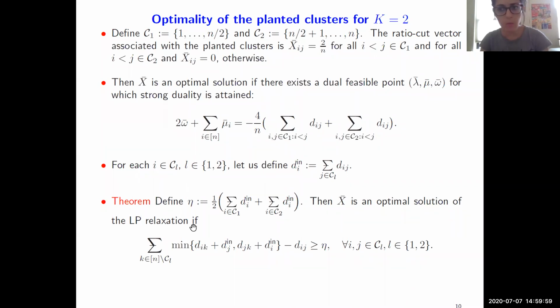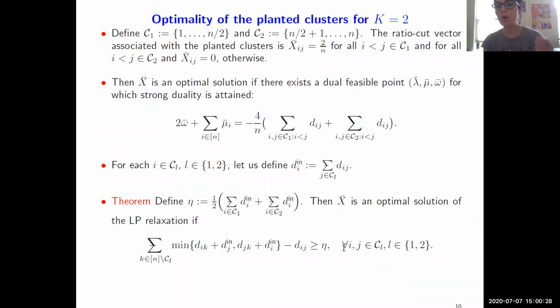So basically here we have the recovery guarantee. Again, I don't have the time to go over what it means, but it's basically the inequality I have here. It's deterministic. It does not depend on any stochastic model. Basically, it tells you that the planted cluster corresponds to an optimal solution of the LP if you have this inequality for all ij's in each cluster. And again, what does this inequality mean?